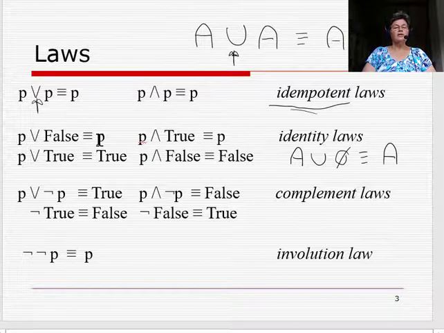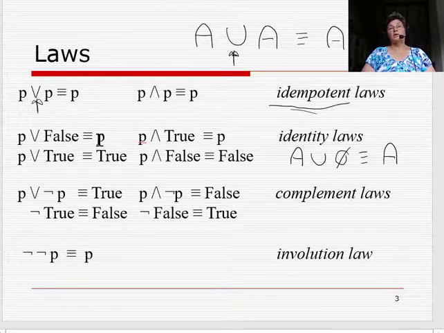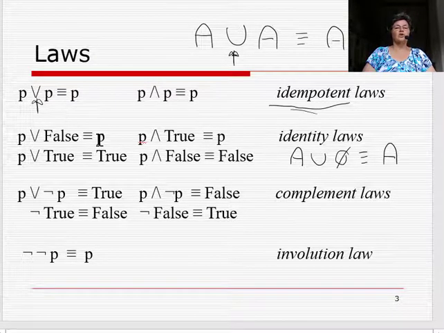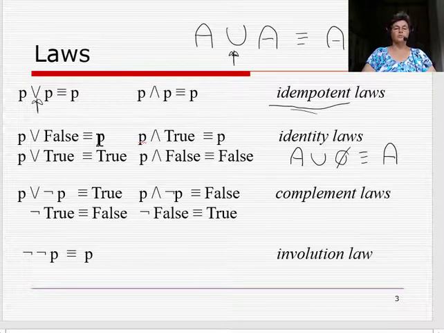If we look at the next one, the complement law, P or not P, so I'm saying something like it's raining or it's not raining. Of course, that's always true. So P or not P is always true, equivalent with true.